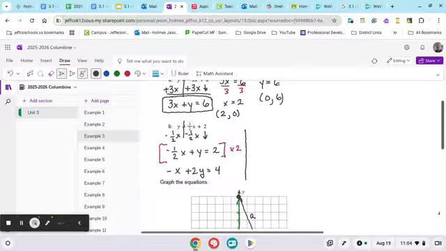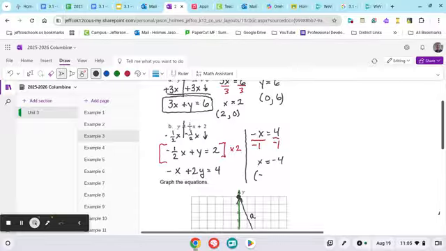Now I can work with it in standard form, and I'll start off by letting y equal 0, so I'll have negative x equals 4. I don't want negative x, and that's negative 1x. Don't forget negative 1x. So I'm going to divide by negative 1, and say that x equals negative 4.